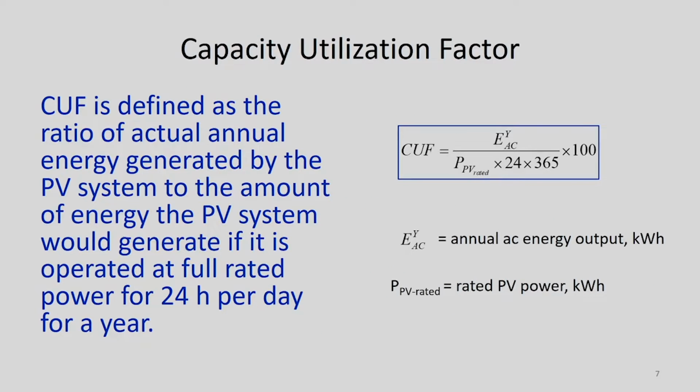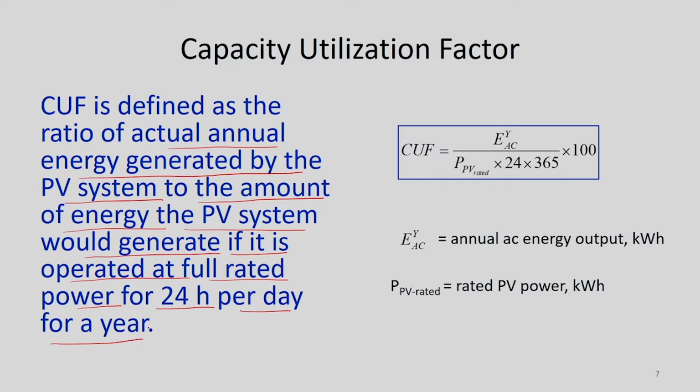Also, we need to know what is capacity utilization factor. So, how to define it? This capacity utilization factor is defined as the ratio of actual annual energy generated by the PV system to the amount of energy the PV system would generate if it is operated at full rated power for 24 hours per day for a year.